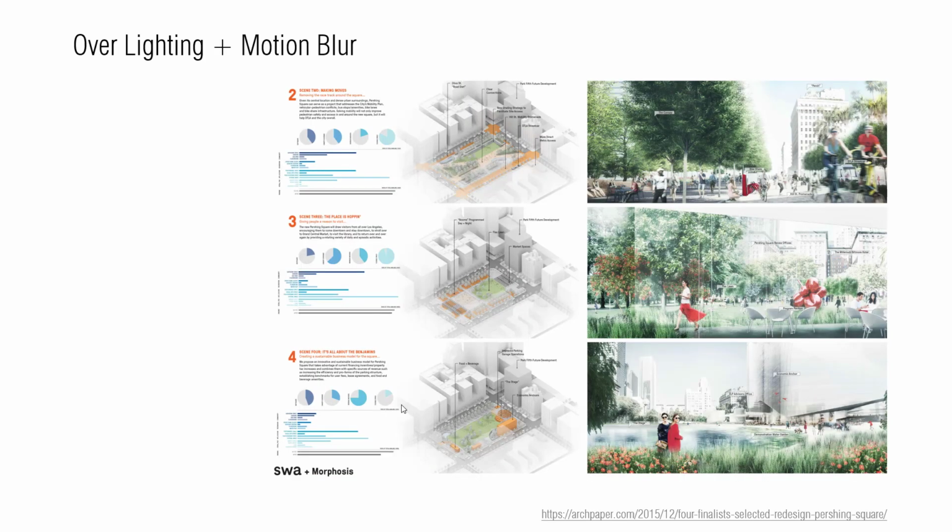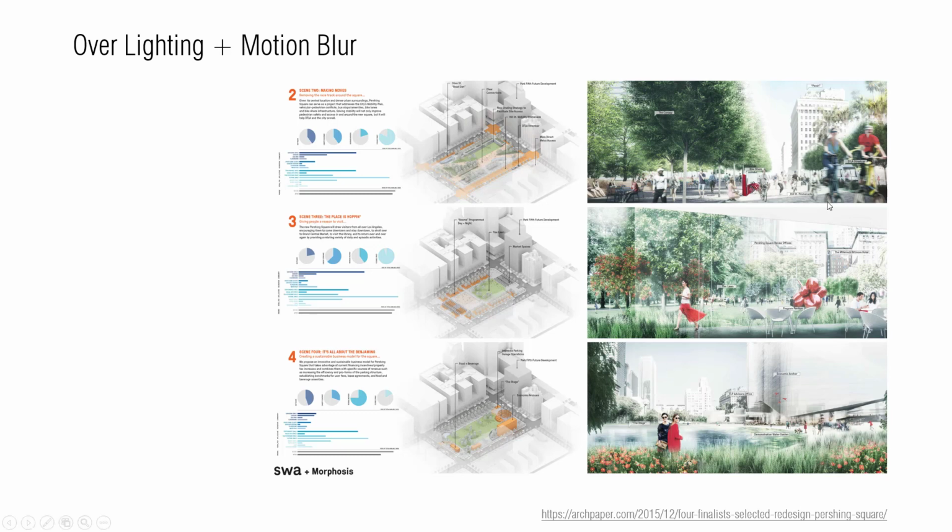The last one I want to talk about is overlighting with motion blur. So these are examples from SWA competition work. This works really well, especially when showing actions, motions, like people walking, running, biking.